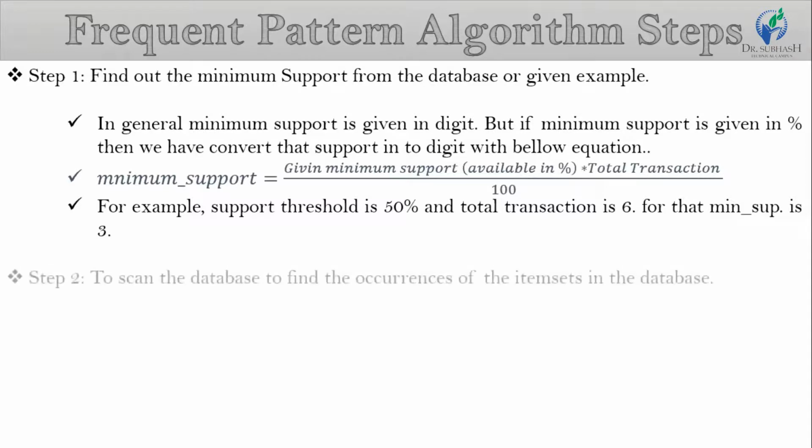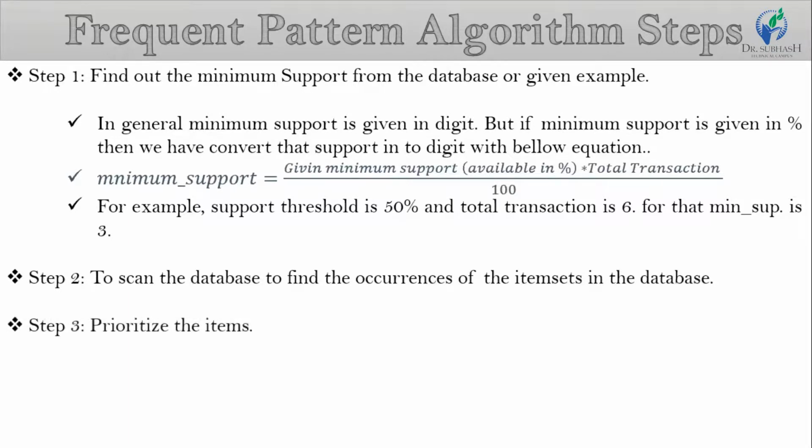Now next step is to scan the database to find the occurrence of the item set in the database. This step is the same as the second step of Apriori. The count of one item set in the database is called support count or frequency of one item set.